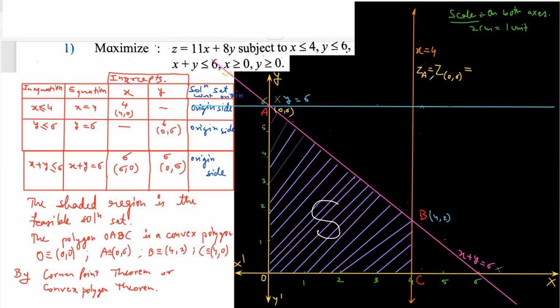The objective function is 11x plus 8y. So 11 into 0 plus 8 into 6, and you get ZA as 48.